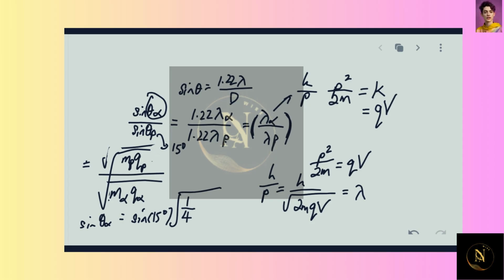So therefore the charge ratio will be 1/2, and in total we just need to take sine 15 degrees divided by the square root of 8.